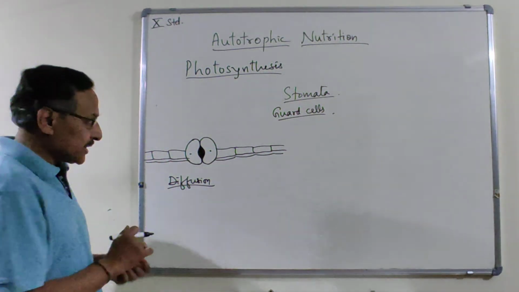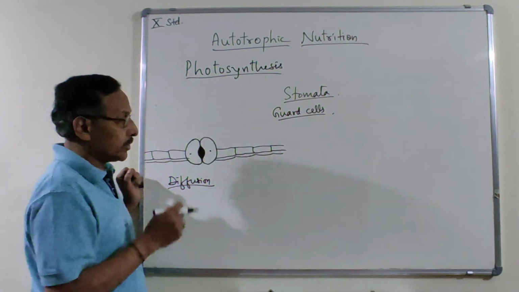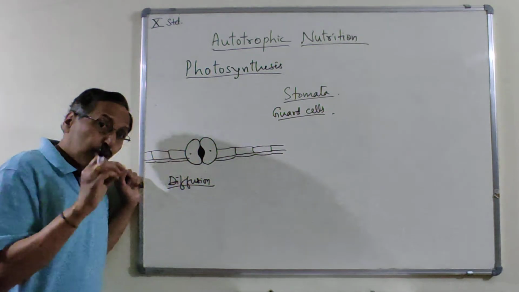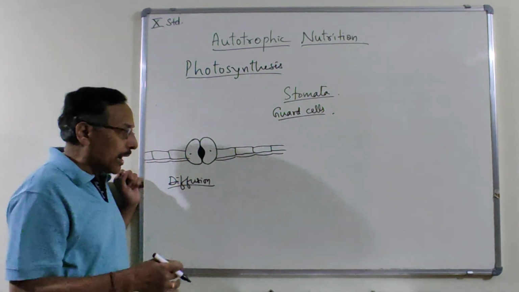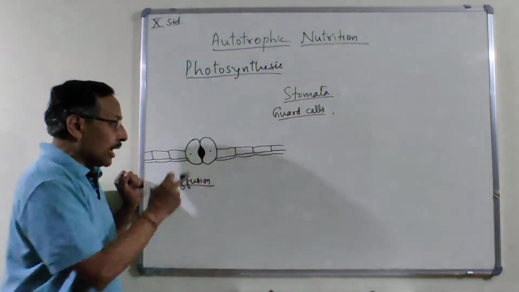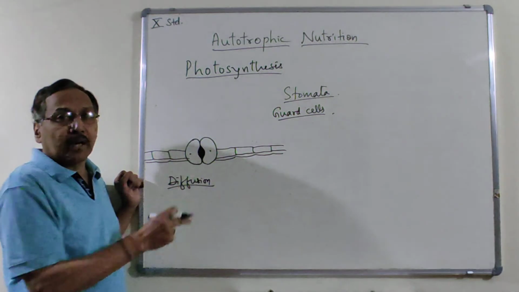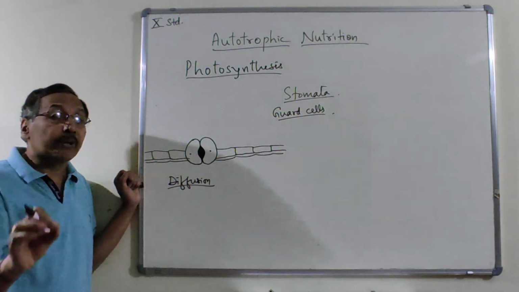During photosynthesis, they absorb carbon dioxide and release oxygen. And some of that oxygen released during photosynthesis is reabsorbed by the leaves for respiration, that is producing energy. And through the same stomata, water is also lost in the form of water vapor.